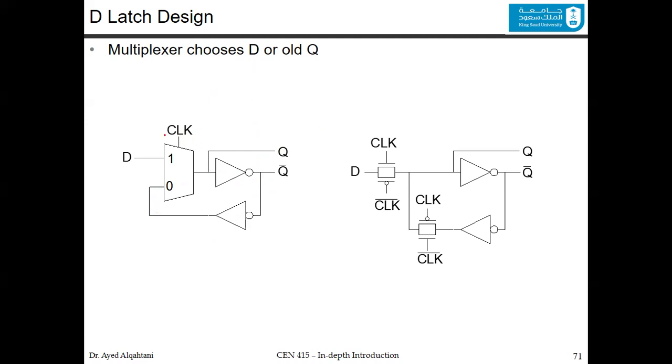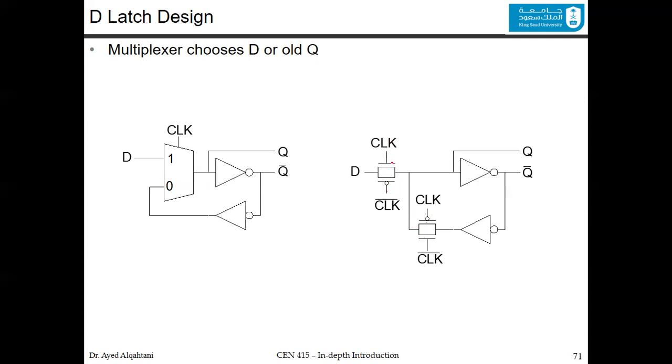You can design the multiplexer as we mentioned using transmission gates or transistors. 2 transmission gates or 4 transistors. Notice the polarity. If this is clock and this is clock bar, this is clock here and clock bar here. They are flipped here. Notice that if this is the NMOS and this is the PMOS, we flipped it here. This is the PMOS and this is the NMOS.